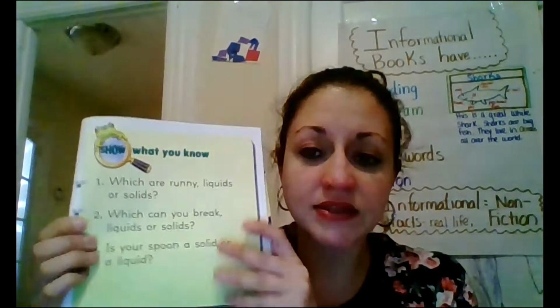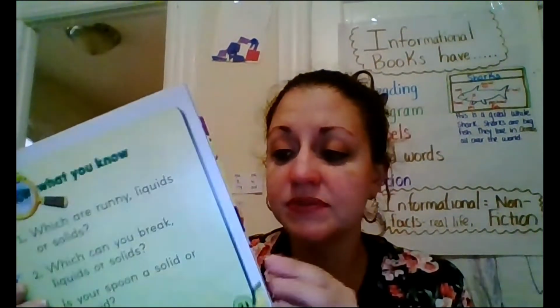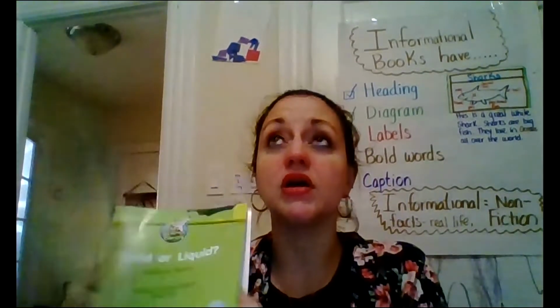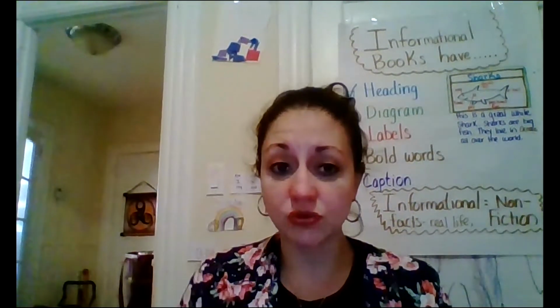So the back of a nonfiction book or the back of an informational book has questions sometimes, and sometimes in the beginning of the book, it has information about the book, questions about the book, has a title page, okay? So these are some things that we should look for in a nonfiction or informational text, okay?